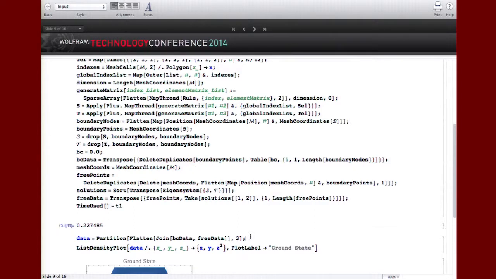One thing that's happening here is, if you look closely, I have things labeled free points and boundary points. So when I generate this large matrix, capital S and capital T, I then decimate it along the boundaries so that I remove those entries. That way, when I'm solving for the eigenvalues and eigenvectors, I'm solving a smaller system.